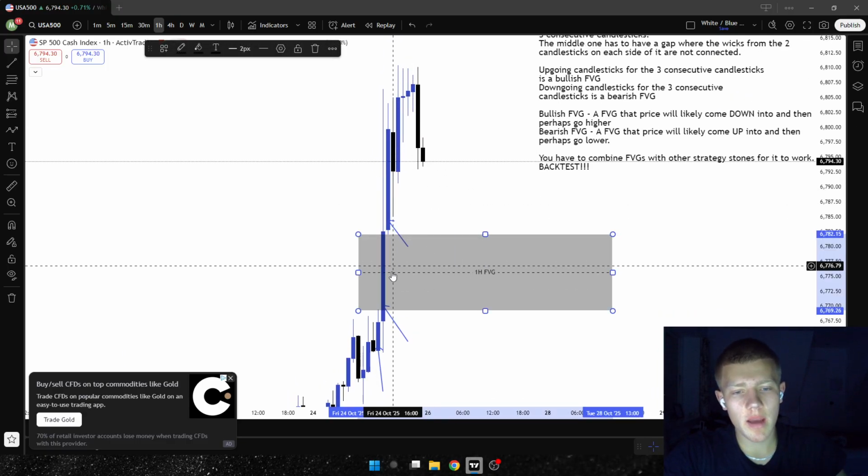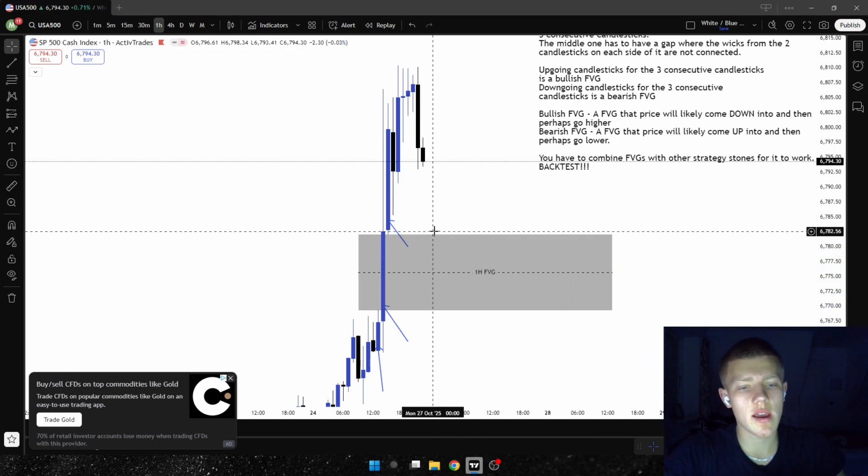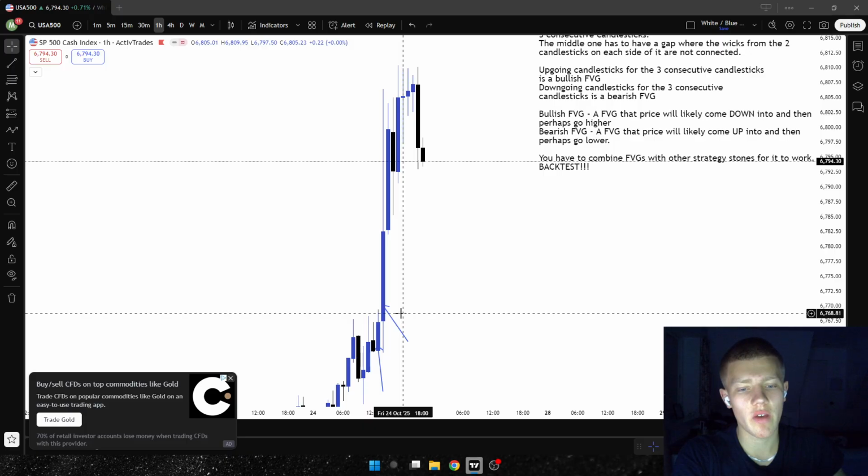Now we found a bullish fair value gap because it's 3 consecutive candles. Now I'll try and see if I can find a bearish fair value gap for you guys.